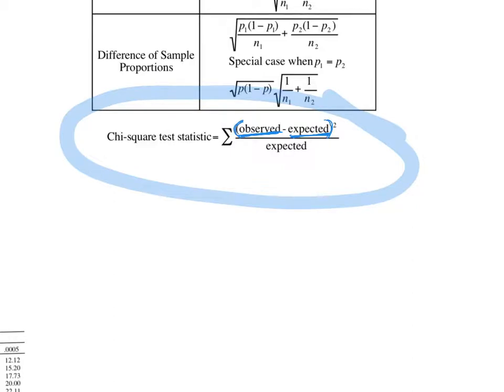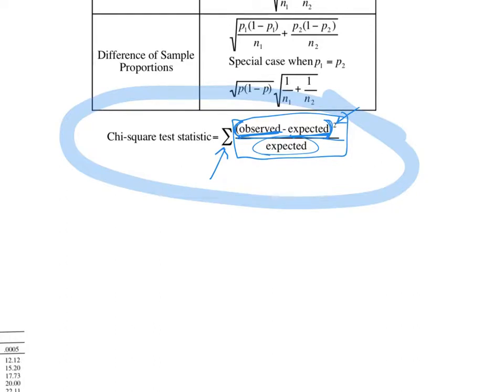We did what so that it wouldn't add to 0? Squared it. So you're going to do observed minus expected, quantity squared. And then we're going to do it in terms of the expected, so you're going to divide by expected. You're going to do this for each color, and for each color, that's going to give you the component, how far away each color is from expected. And then you will, what's this big symbol right here?